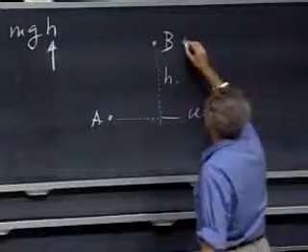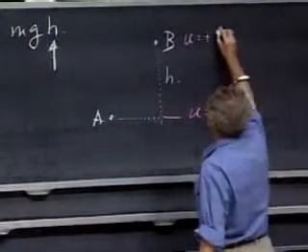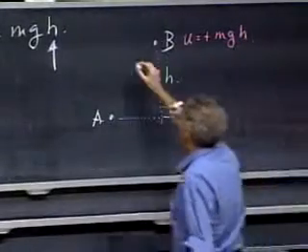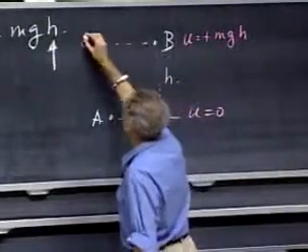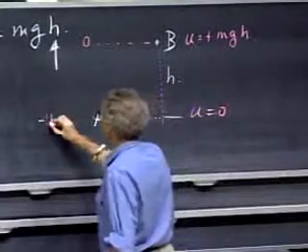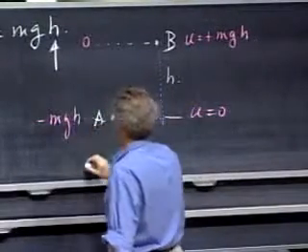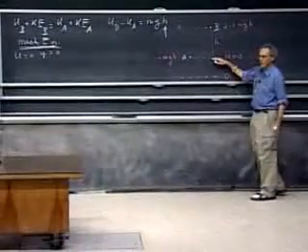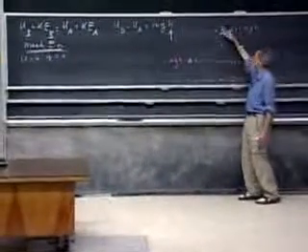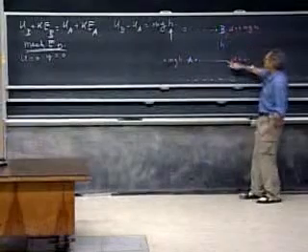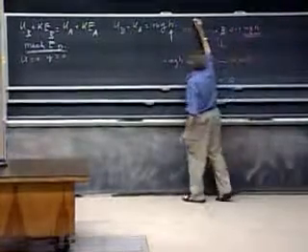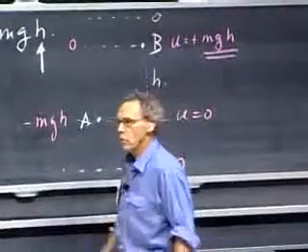Then you would have to call this plus mgh. If you say, no, I don't want to do that, I want to call this 0, that's fine. Then this becomes minus mgh. If you prefer to call this 0, that's fine too. Then this will have a positive gravitational potential energy, and this will have one that is higher than this one by this amount. If you say, really, I like to call this 0, of course the same holds.